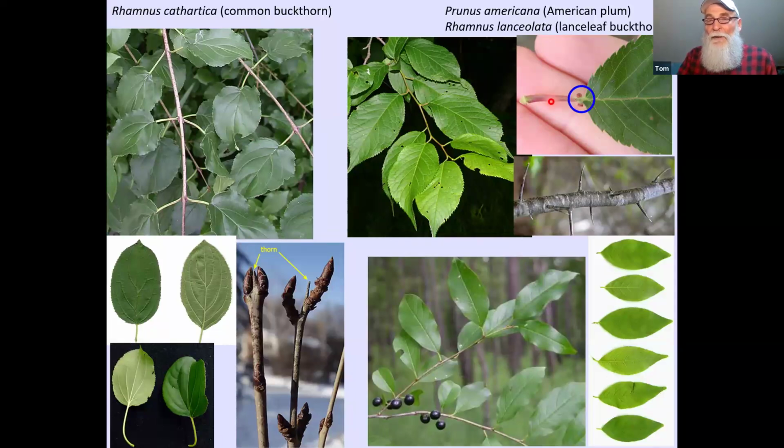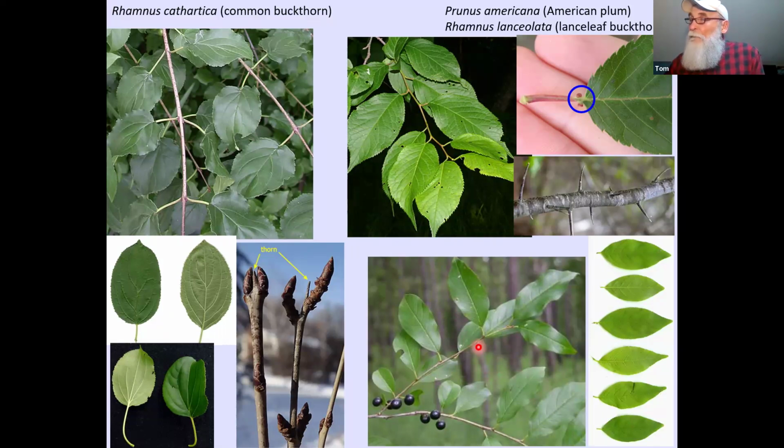The description for it is that it's usually eglandular, meaning lacking glands, but they still can be present. But this would be important, if you see glands like this, for any Prunus. And of course, in Rhamnus lanceolata, the leaves are alternate, which is very distinctly different from the European buckthorn with the opposite leaves. And these leaves are much more lanceolate or elliptic in shape, much longer than broad compared to the European non-native one.